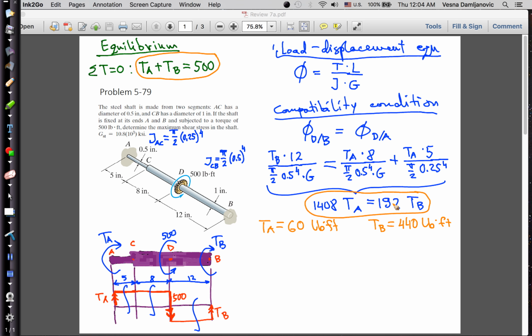So notice that here we don't have to worry about inches and feet, because we use both L and the diameter in inches. So it all cancels out in inches, okay? So there's inch here and inch there, and you get inch to the third remaining at the bottom. And so inch to the third gets canceled on both sides.